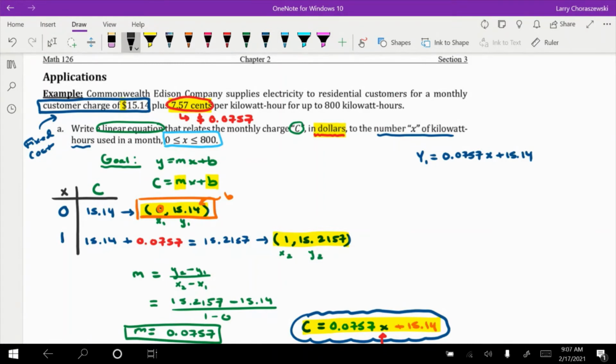And in this type of application setting, we'll probably want to shave off some of the parts of this line that don't really apply to the setting. For instance, hopefully we don't get a negative cost, and we don't use negative electric amounts. What I'm alluding to here is that there's a certain section of the graph that is really the only part that applies to this sort of setting.